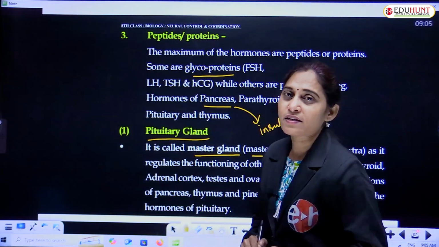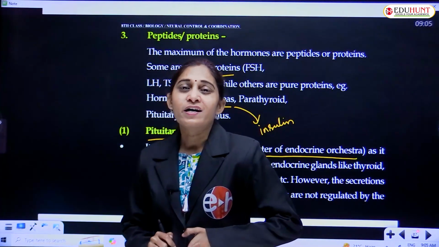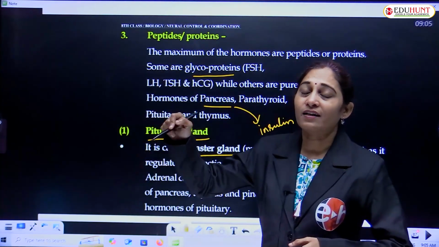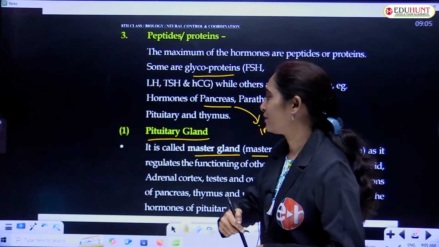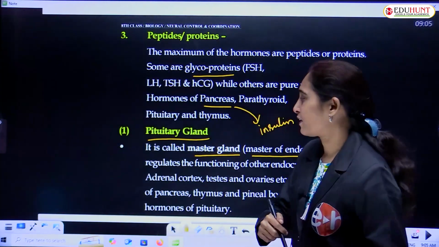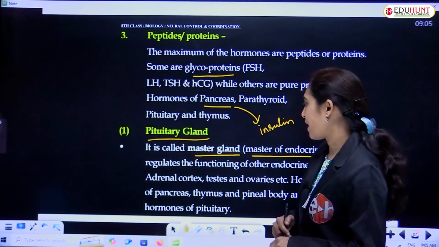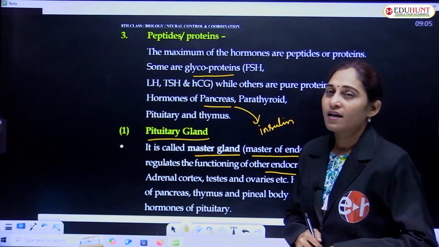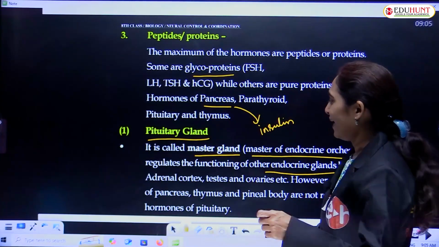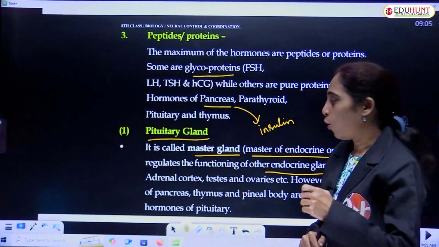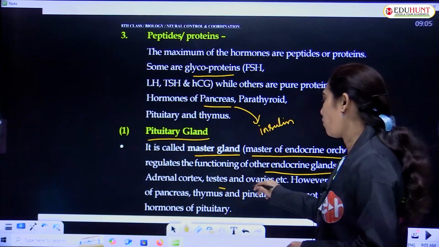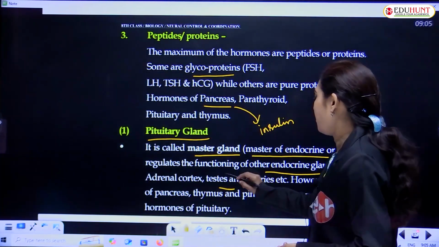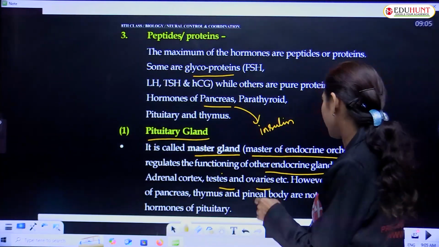It not only secretes hormones but its secretions also influence the other endocrine glands. That is why it is called the master gland, as it regulates the functioning of other endocrine glands like the thyroid gland, adrenal cortex, testes, ovaries, etc. Testes and ovaries are the sex organs of male and female respectively.